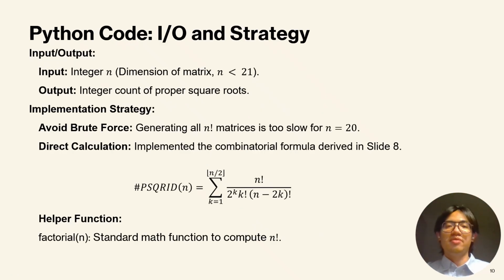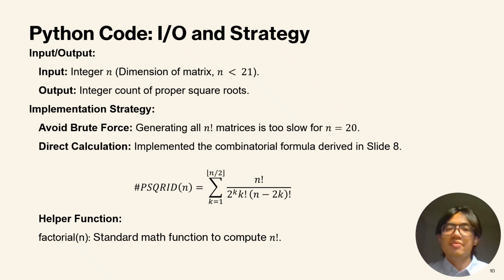Moving to the implementation, the program takes an integer n, where n is less than 21, and outputs the count. My strategy was to avoid brute force. Generating all n factorial matrices for n equals 20 is impossible due to time constraints.